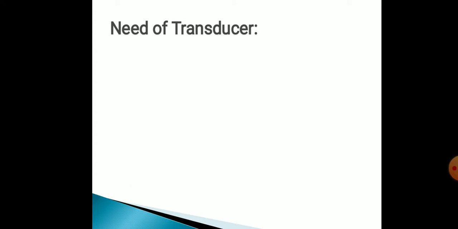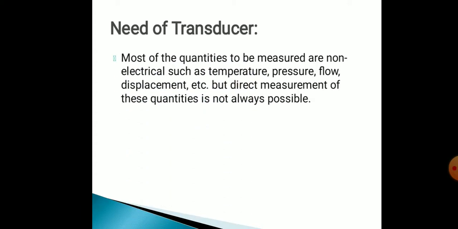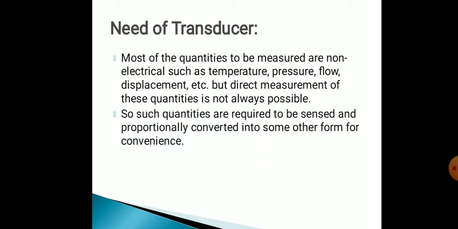Need of transducer. Most of the quantities to be measured are non-electrical, such as temperature, pressure, flow, displacement, viscosity, etc. But direct measurement of these quantities is not always possible. So, such quantities are required to be sensed and proportionally converted into some other form for convenience.